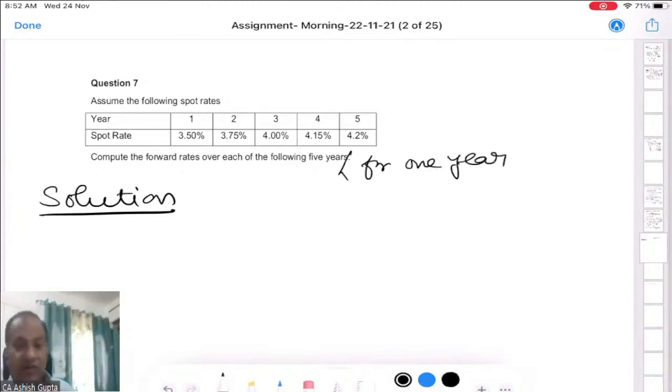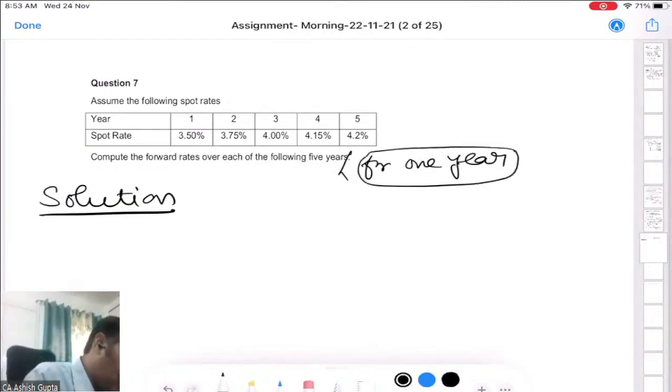Of course, it is always understood because forward rates are normally always calculated for 1 year. But still, for your remembrance purpose only, I am just mentioning. Even if it has not been mentioned in the question, you always compute for 1 year, because they are based on the 1 year concept.